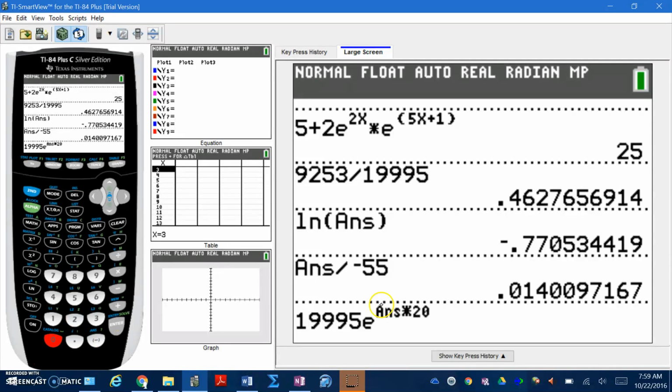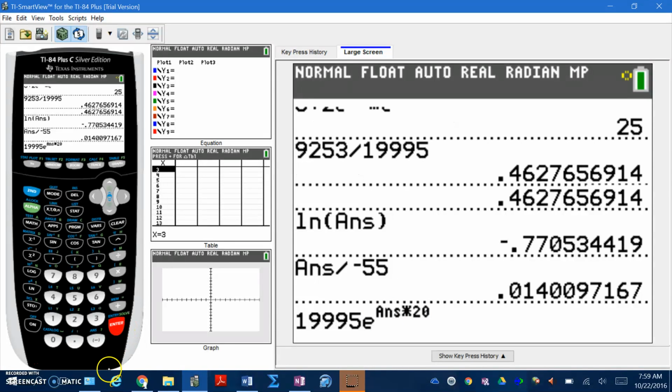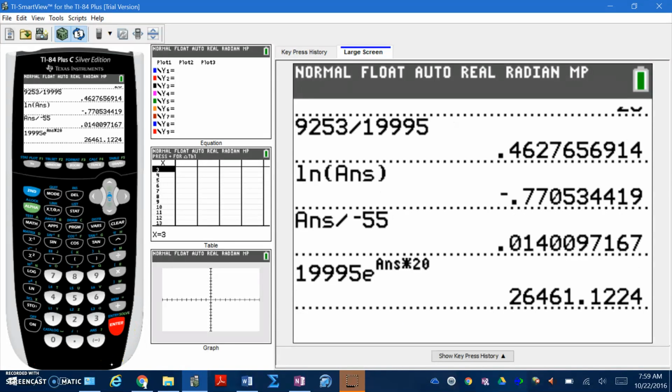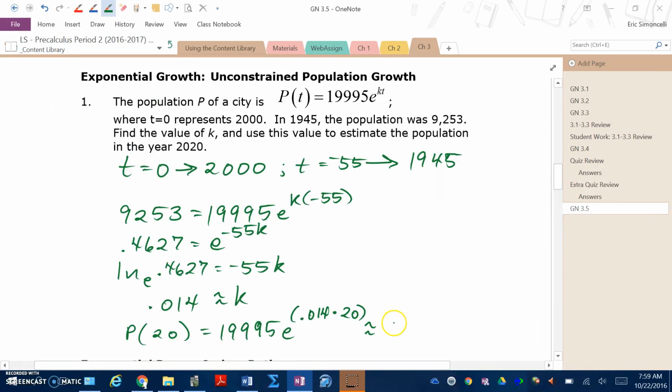You might need parentheses around your exponent. My calculator doesn't require that. Let the calculator do its thing, and we get an answer of 26,461 with a decimal. I'm going to round it down so that my final is just 26461. That's the final population that we're looking for.